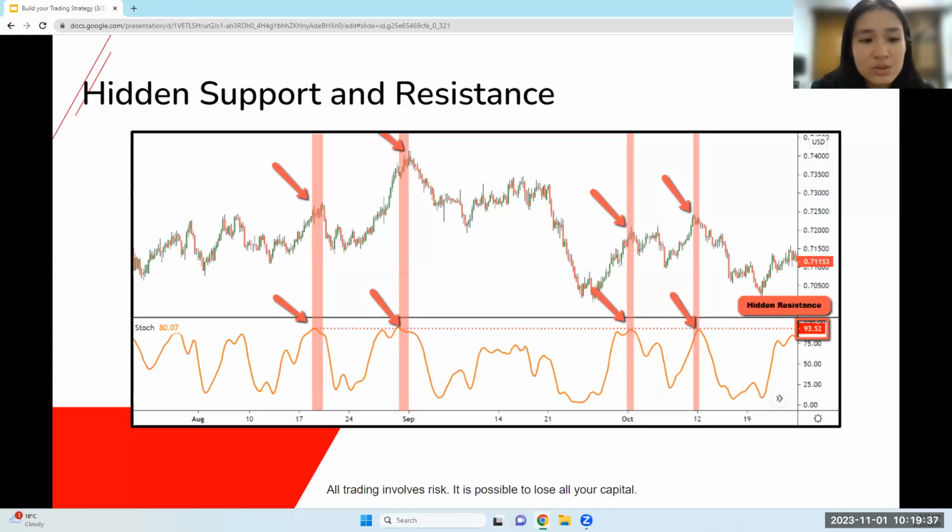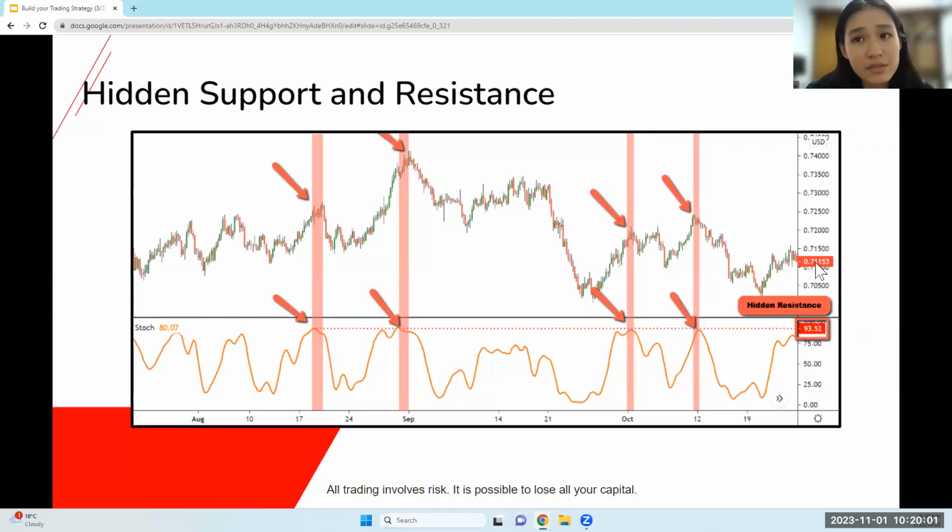How we like to use stochastic as well as RSI is by looking at hidden resistances and divergences as well, which we'll get into in a little bit. But we do have webinars purely on divergences, so you could go and take a look at those as well. But I'll briefly go through those now.